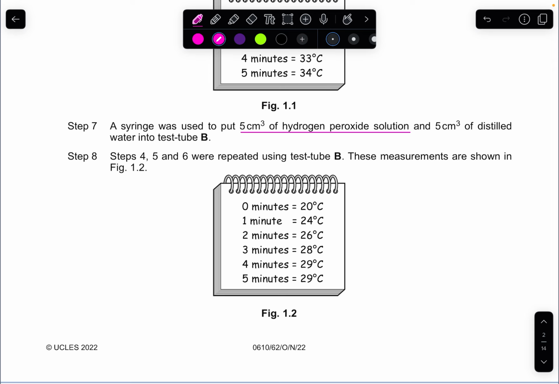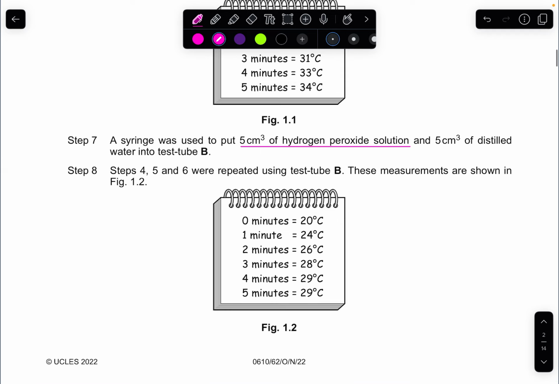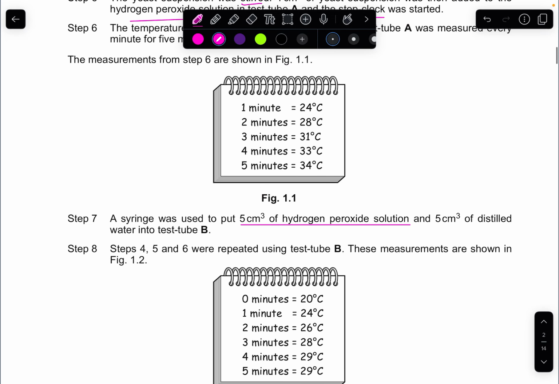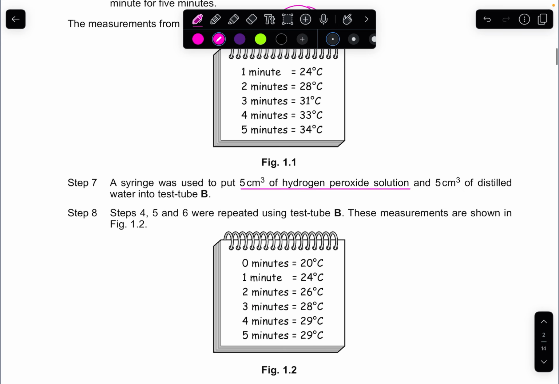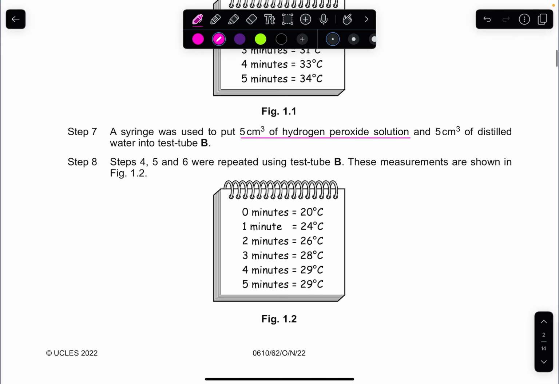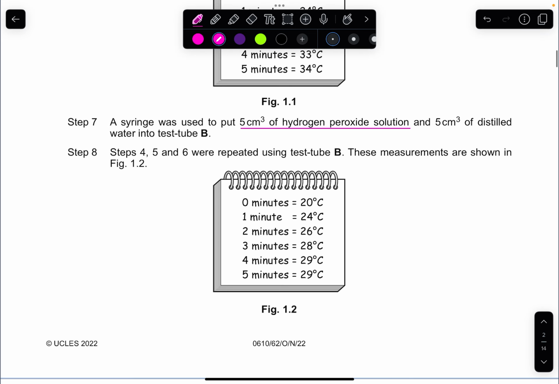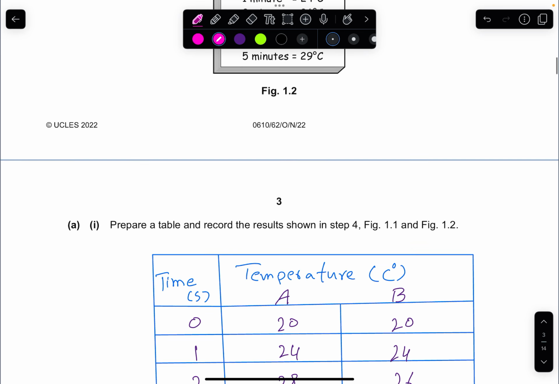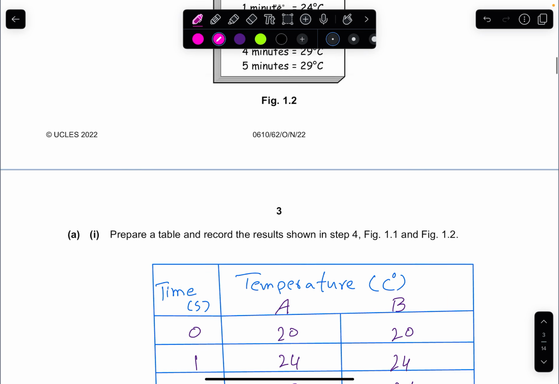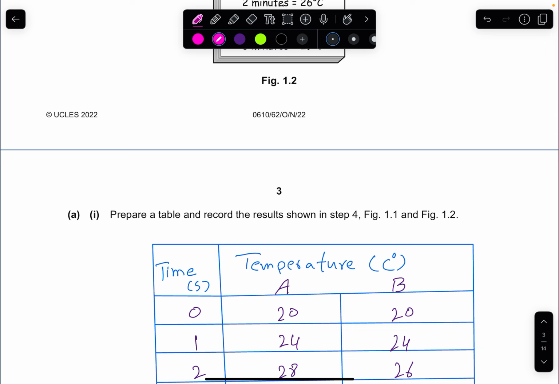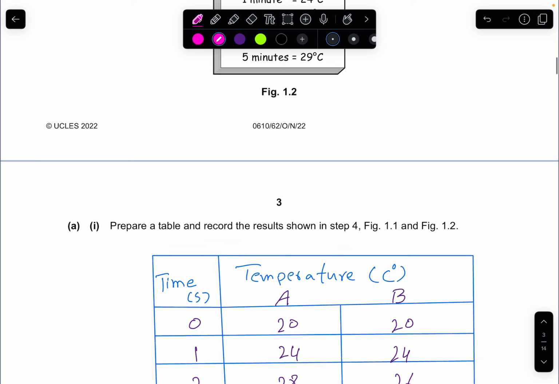Step 8 says that steps 4, 5 and 6 were repeated using test tube B, and here we can see the measurements recorded in the first 5 minutes, and the second one shows test tube B and the measurements. The question is to prepare a table and record the results shown in step 4, figures 1.1 and 1.2.